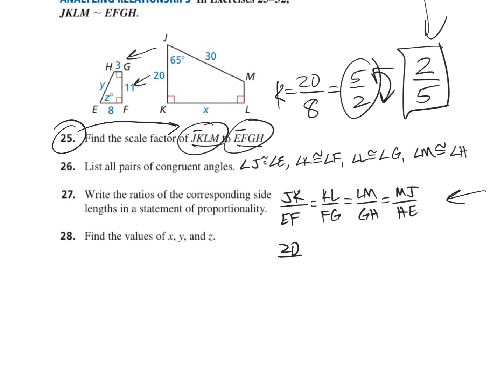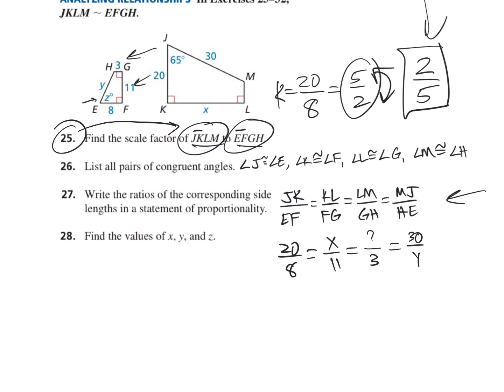JK is 20, EF is 8, KL is X, FG is 11, LM is nothing, we don't know that, and GH goes with it just for fun. Okay, and MJ is 30, and HE is Y. So where is Z? Z happens to be an angle.